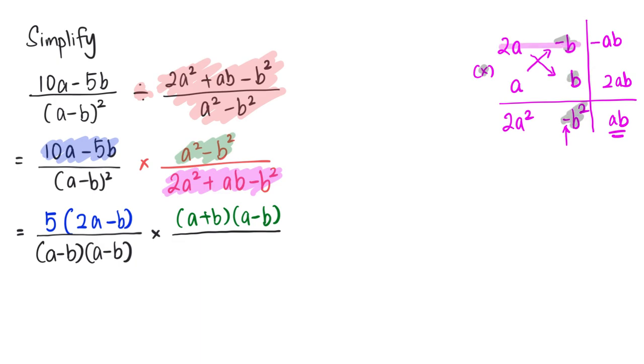And so I have successfully gotten my factorized form. 2a minus b, a positive b. Alright. And now we are ready to continue to simplify it.